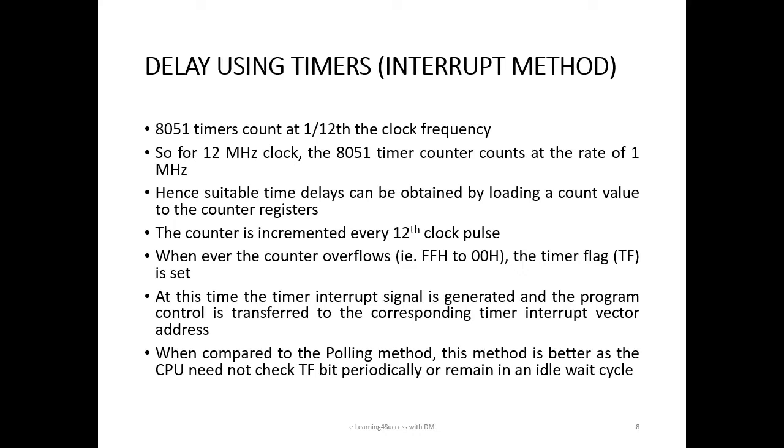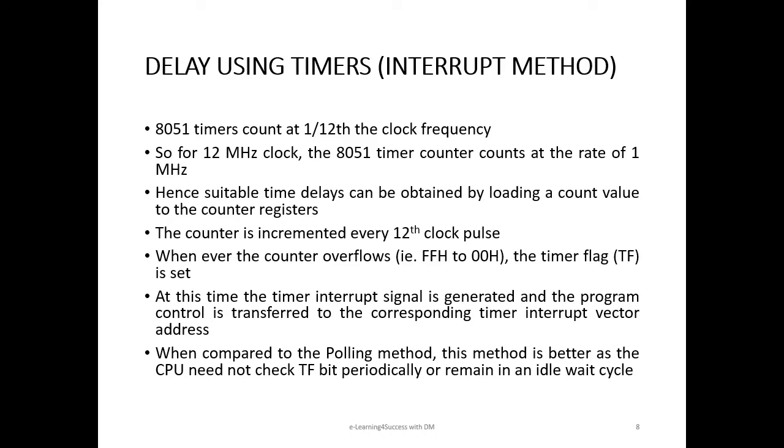We know that the counter register of the 8051 timer counter module receives a clock signal that is 1/12 of the CPU clock. For example, if we are using a 12 MHz clock, the counter register increments at the rate of only 1 MHz. That is, a counter increment requires 1 microsecond. Hence, suitable time delays can be obtained by loading a count value to the counter registers.